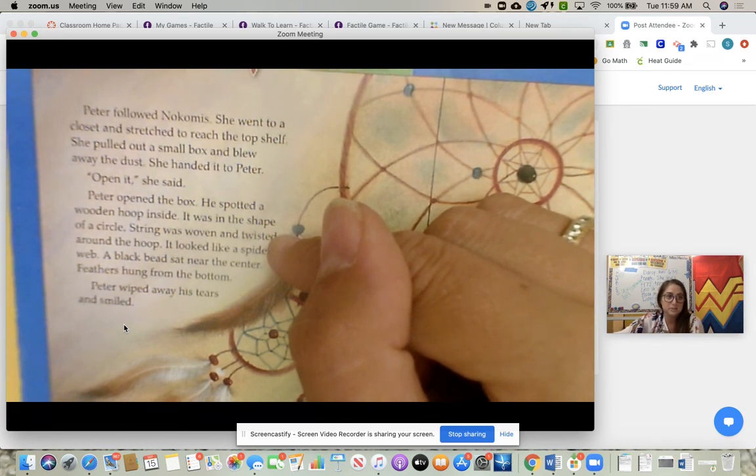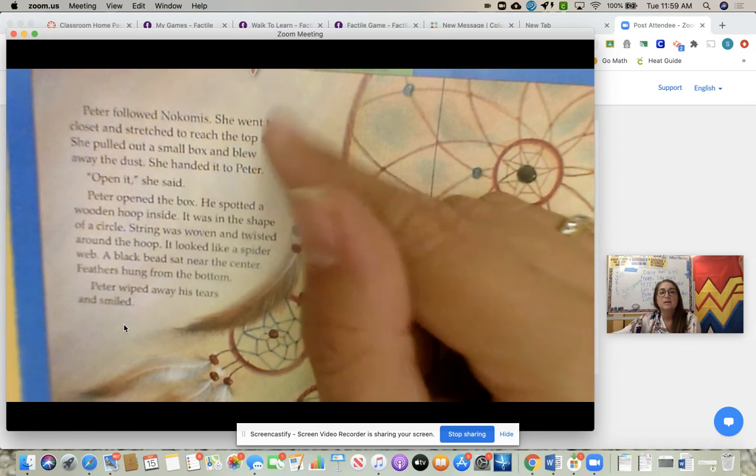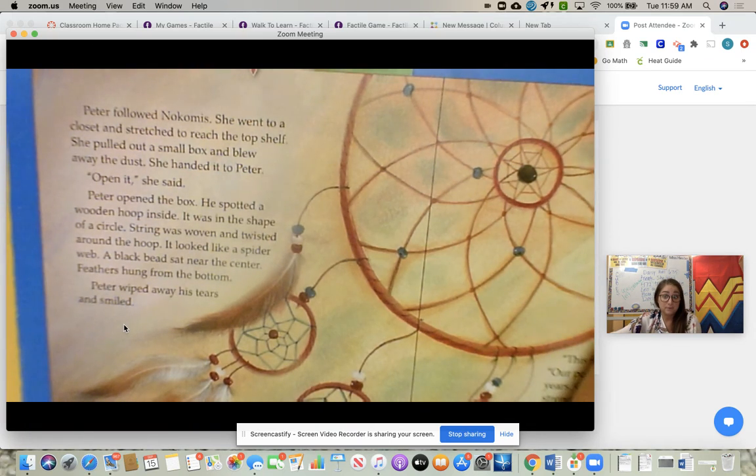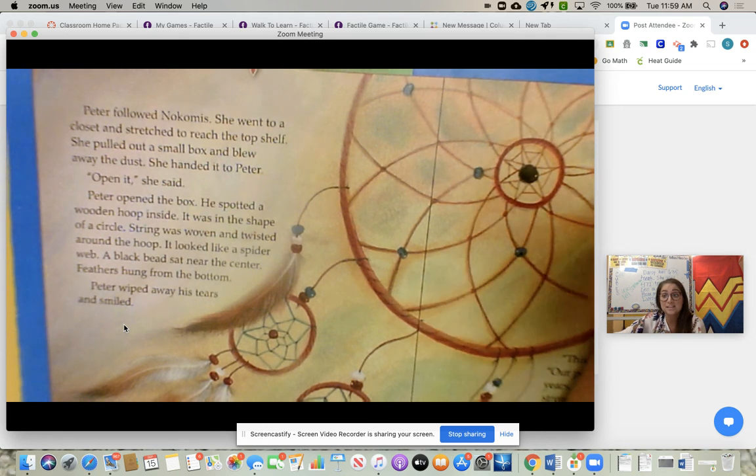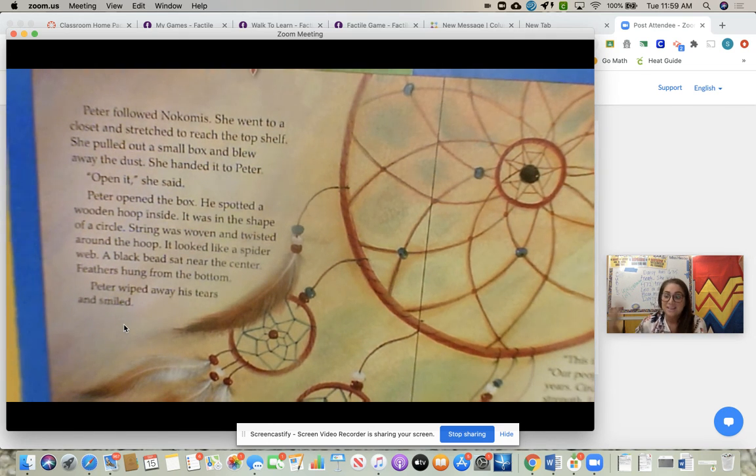So you could just say, Nokomis, Peter's grandmother, went into the closet and pulled out a small box. Next, she blew off the dust. That tells us it's old. She has not touched it in a long time. Then she hands the box to Peter. Finally, she tells Peter to open the box.